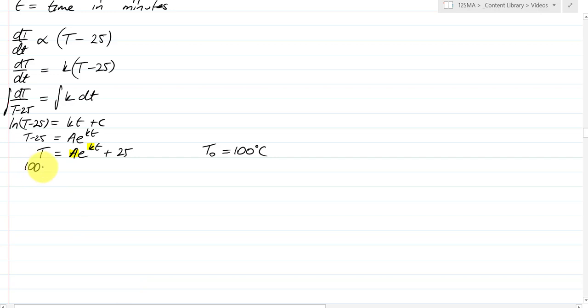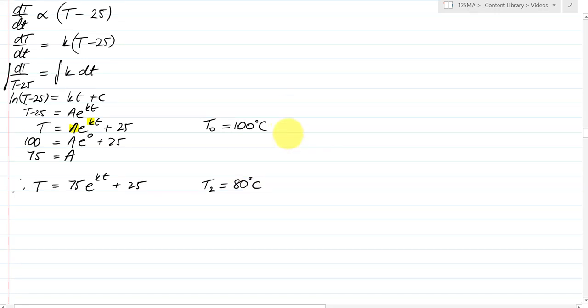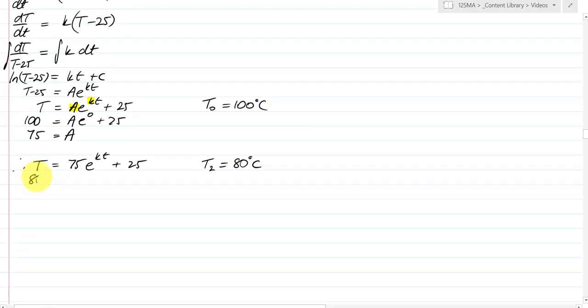I put in my 100 degrees: 100 equals A e to the 0 plus 25, and I get 75 is equal to A. Therefore T now equals 75 e to the kt plus 25. And I know that T2 is equal to 80 degrees, so I can put that in as well. I get 80 is equal to 75 e to the kt plus 25, which gives me 55 equals 75 e to the kt.